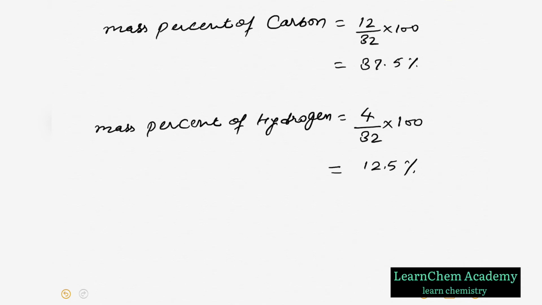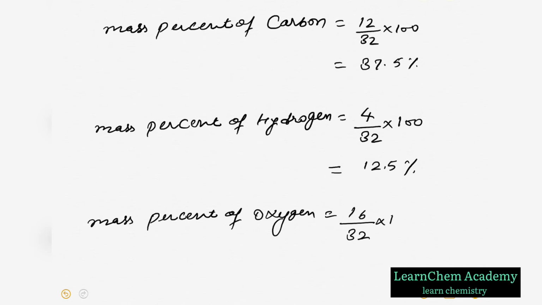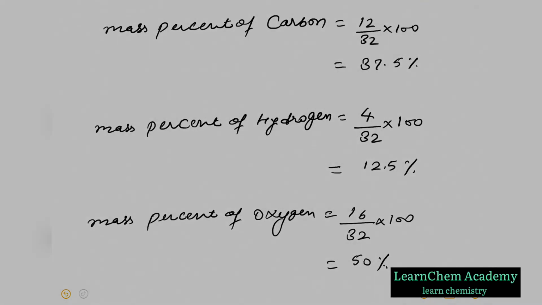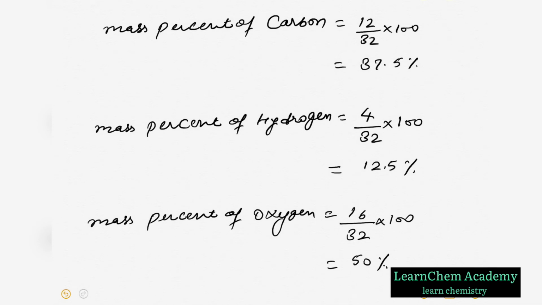Next, the mass percent of oxygen. The mass of oxygen is 16, the molar mass of the compound is 32, into 100, so we get 50%. Similarly, if we add carbon and hydrogen, that is 50%, so the mass percentage of the other element will be 50%.